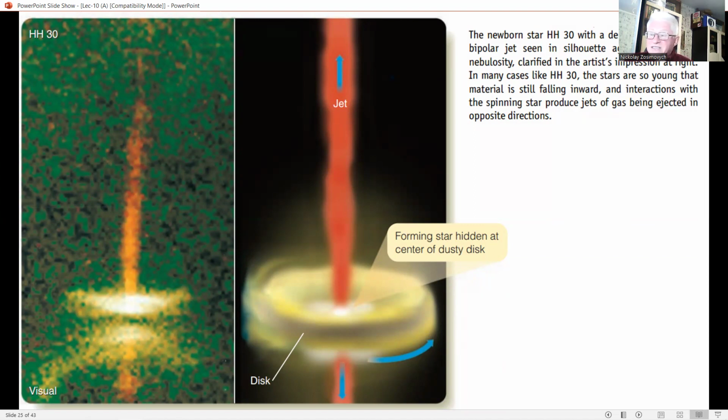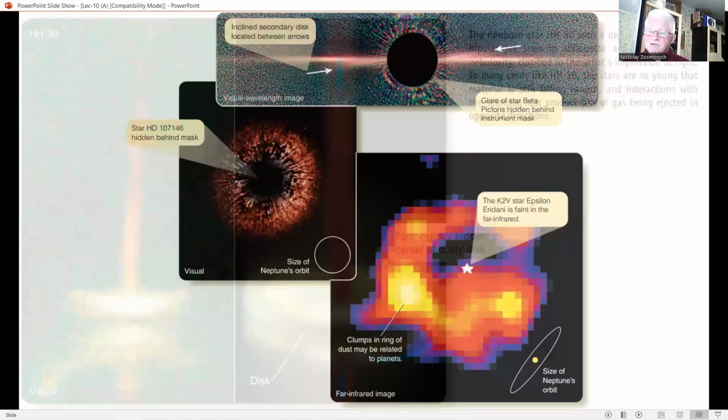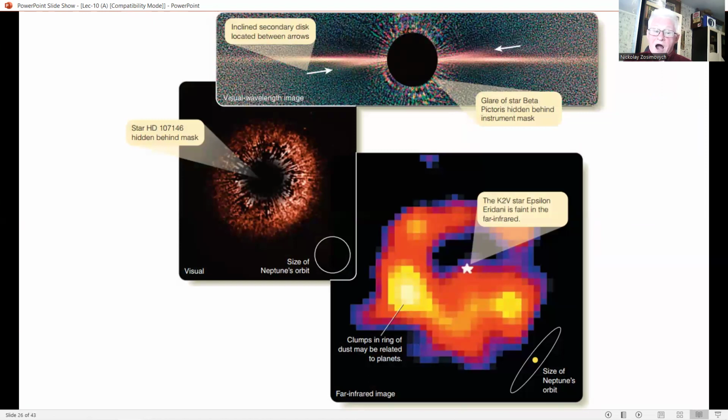Our own solar system contains such second-generation dust produced by asteroid and comet collisions. Furthermore, astronomers find that the solar system's Kuiper belt, extending beyond the orbit of Neptune, has the characteristics expected of an old debris disk. Some examples of debris disks are around the stars Beta Pictoris, HD 107146, and Epsilon Eridani.